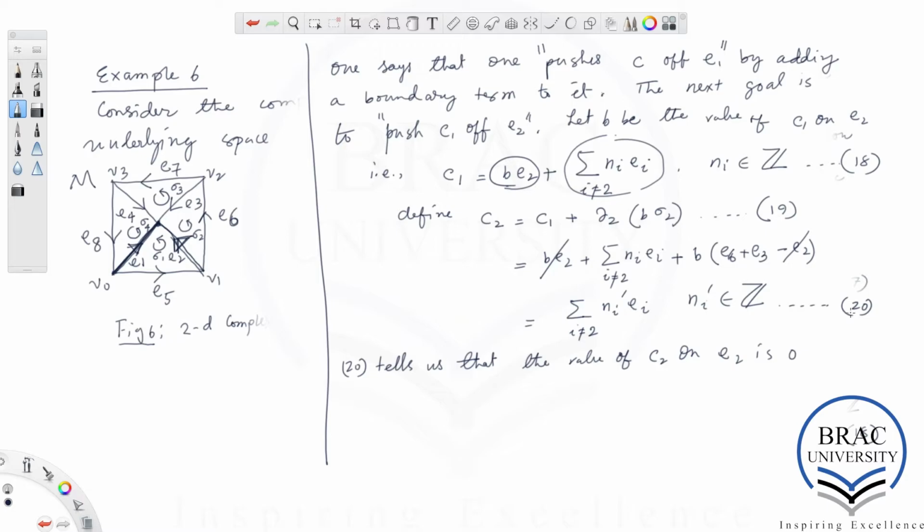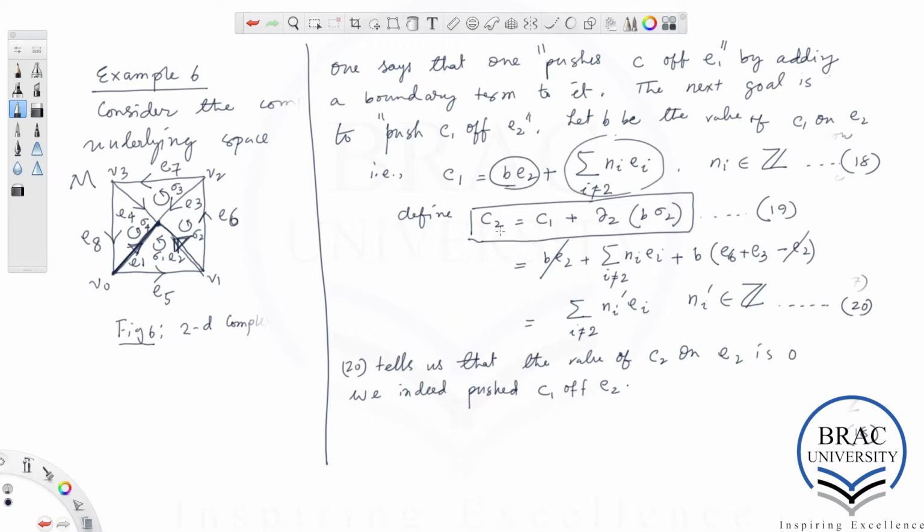So that we indeed pushed C1 off E2. Okay, so now we have a new one chain C2, right?